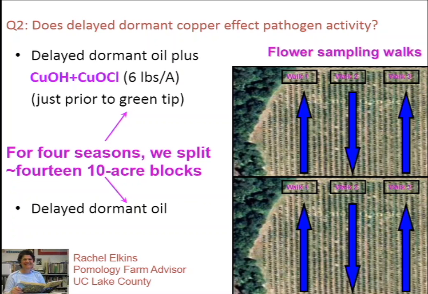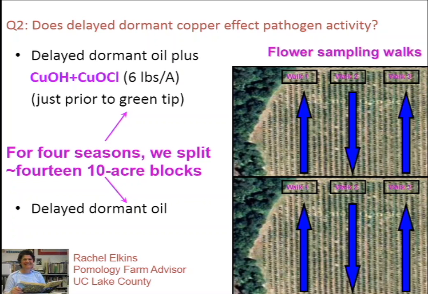So basically, the idea here is applying a delayed dormant copper just prior to green tip, and the reason we chose this timing was just that it was a little bit safer.